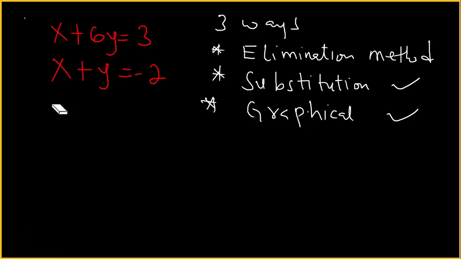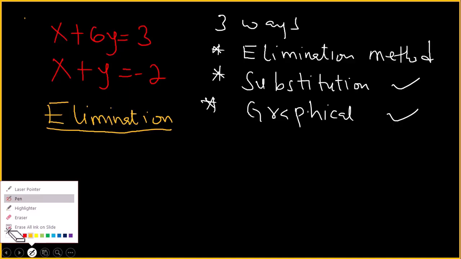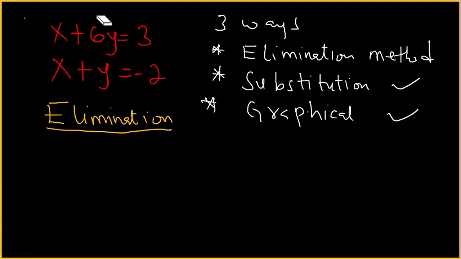So using elimination, to eliminate means to get rid of or do away. So we are going to choose one variable to do away with first, and for this equation we are going to eliminate x because x has a coefficient of 1 in the first equation.